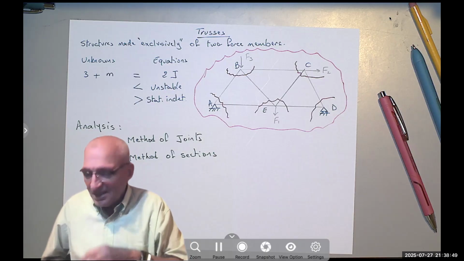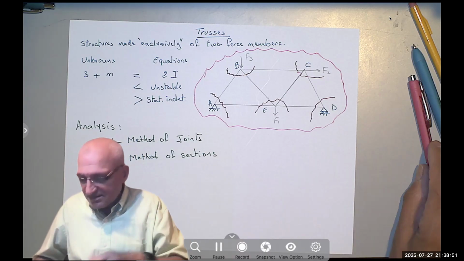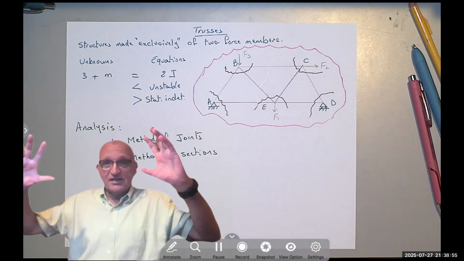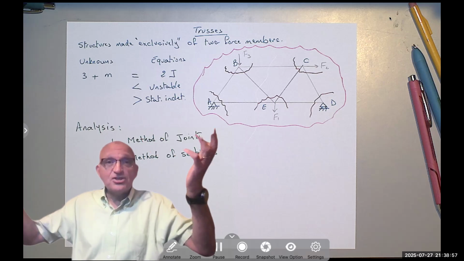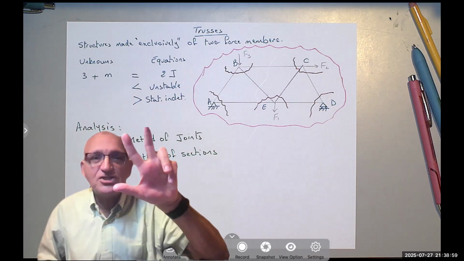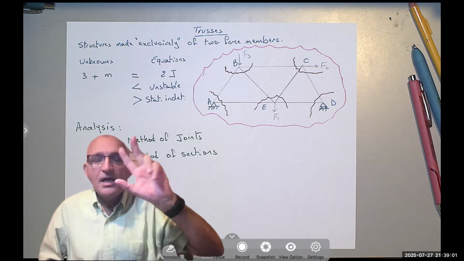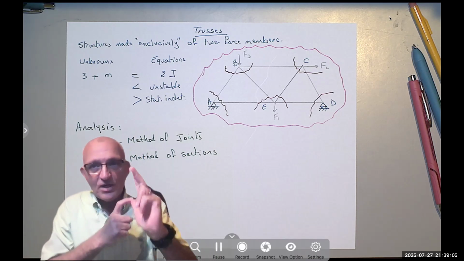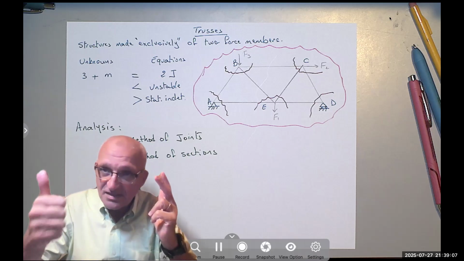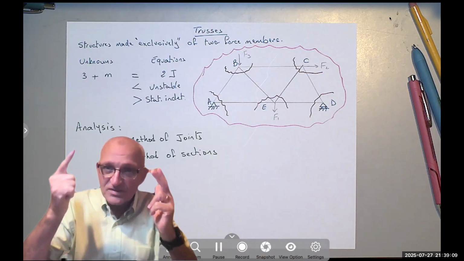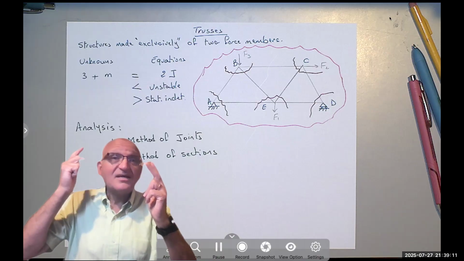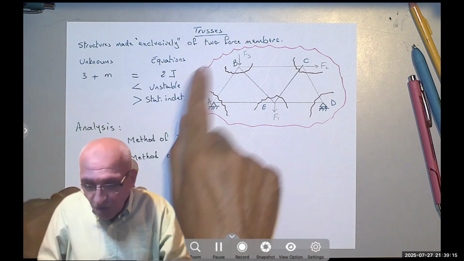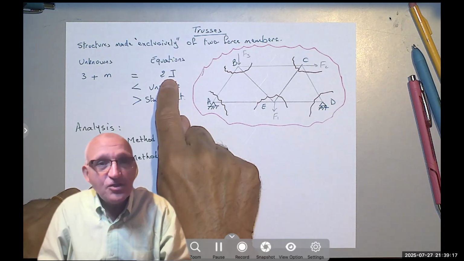I will tell you. As I already gave you a hint, I'm going to look at this whole truss as a rigid body. And as a rigid body, I have three equations of equilibrium. By the way, please be careful. These three equations of equilibrium, which are sum of the forces in the x equals zero, sum of the forces in the y equals zero, and sum of the moments about any point equals zero, are not extra equations.